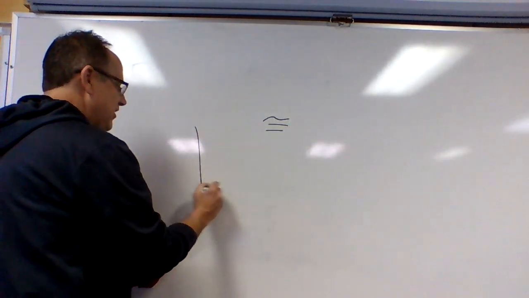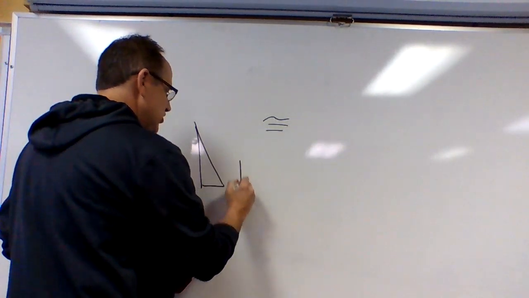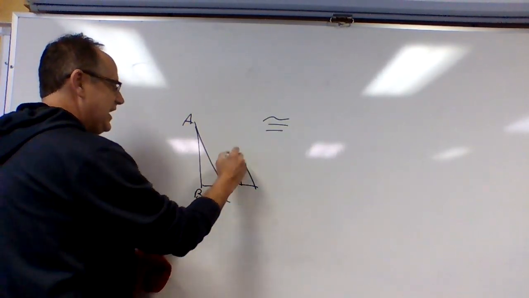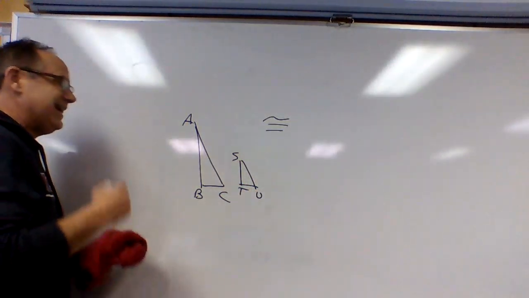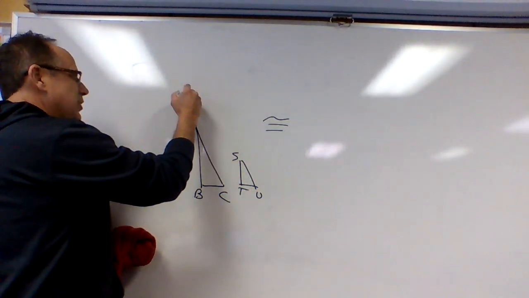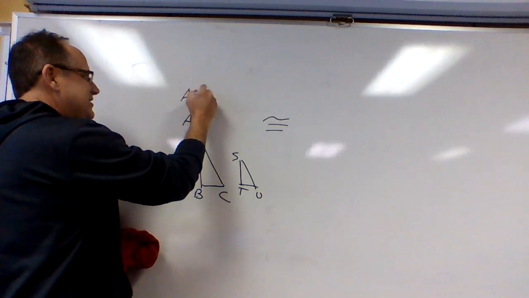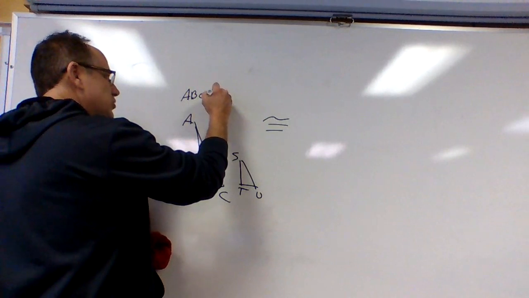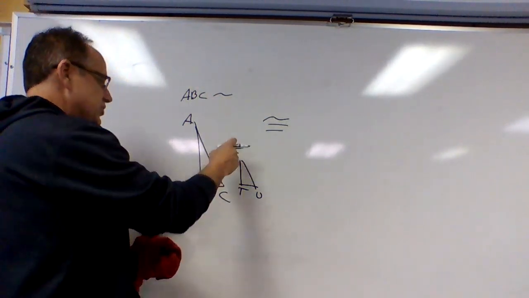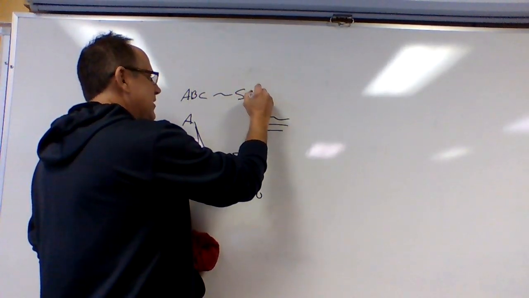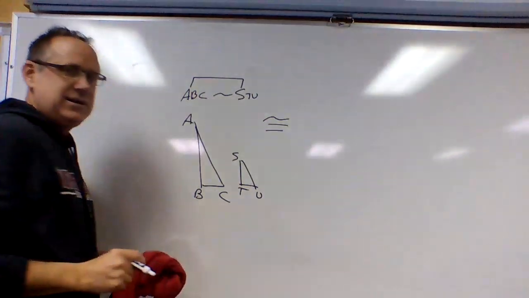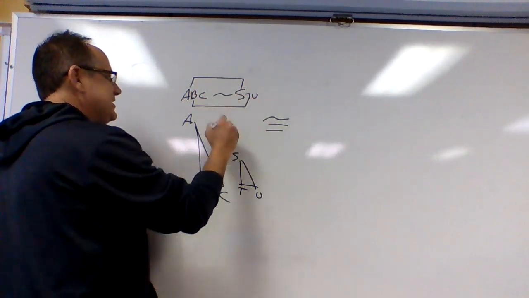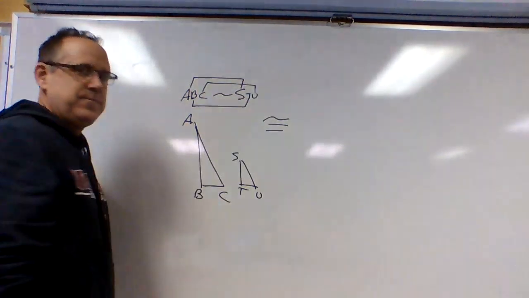So if we have two polygons and they're similar, we have A, B, C, and S, T, U. If we say they are similar, we want to say A, B, C, and when we're doing the whole triangle, it's similar to S, T, U. Okay, so they're in the same location on the notation. Okay, B would be to T and C to U.